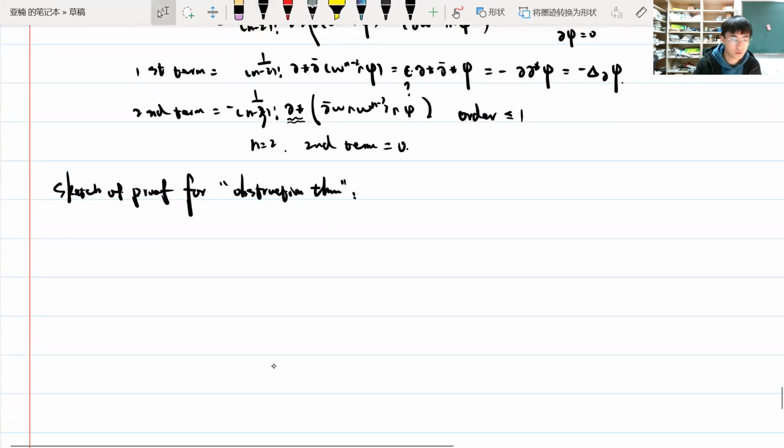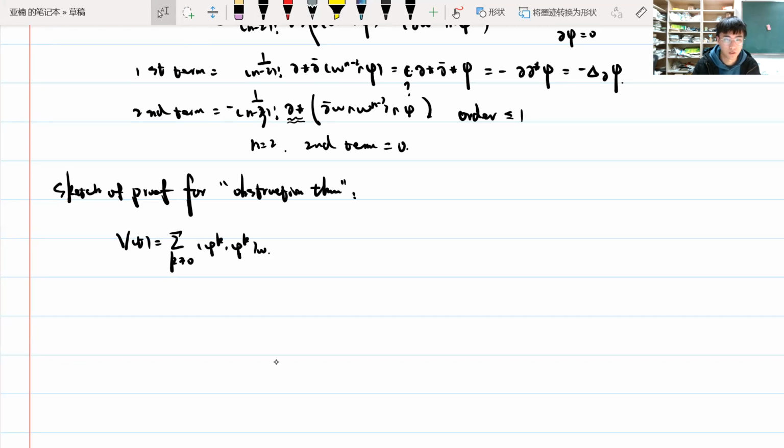Here we compute first. In this case, because phi is a 2-form, it is primitive.